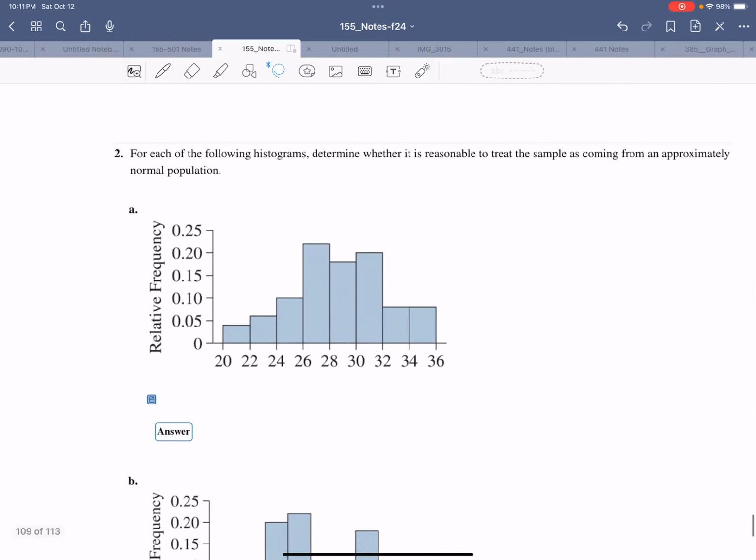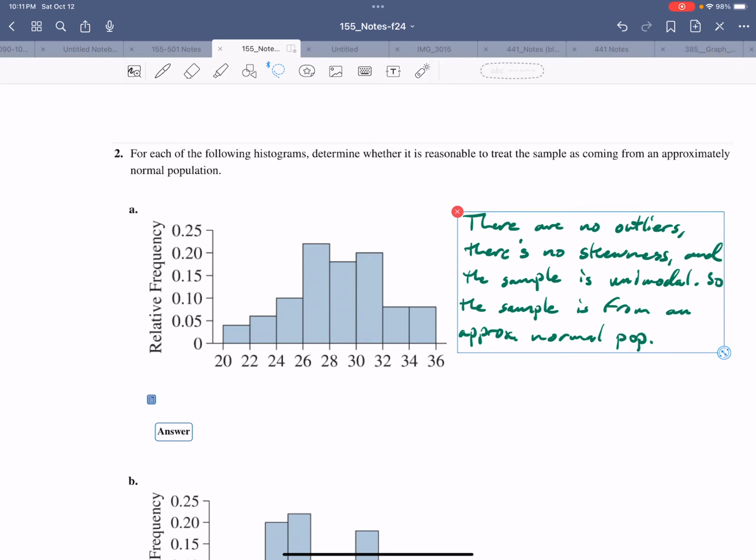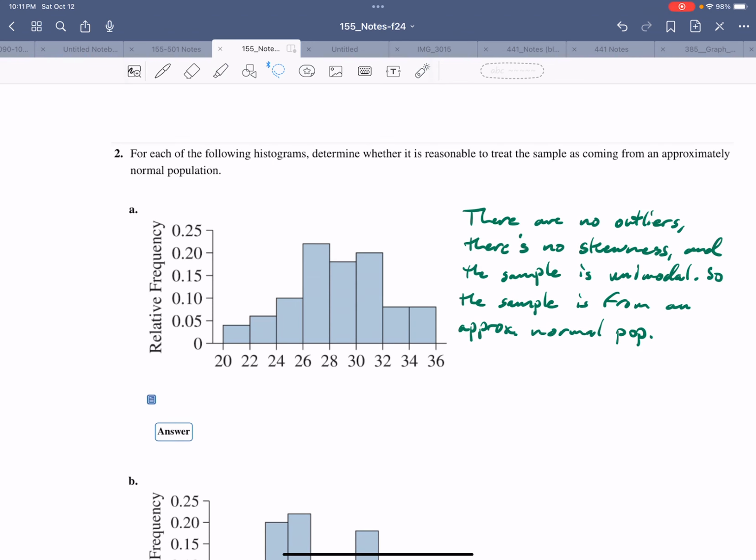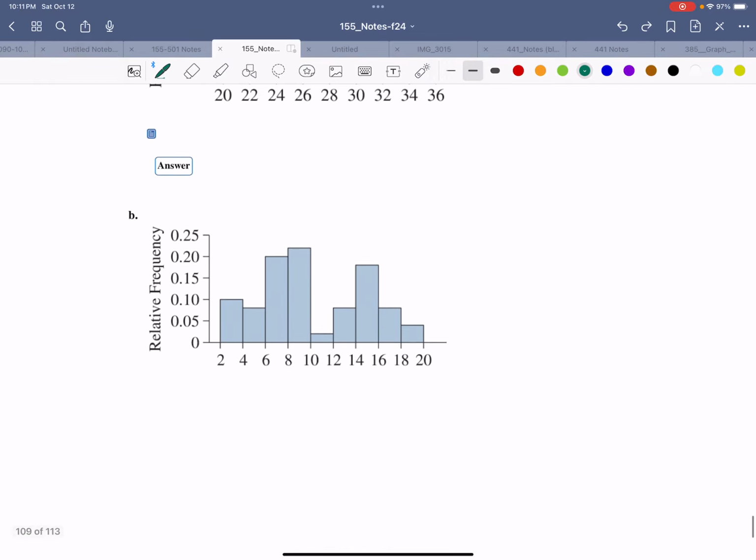There are no outliers, skewness, or bimodality. I'm sure someone's saying, "Oh, look, it dips a little bit." No, that's going to happen most times. It's never going to be perfectly unimodal most of the time. This is effectively unimodal, so don't get hung up on this. This is legit, so the population is probably normal.